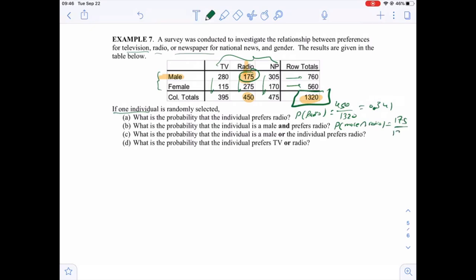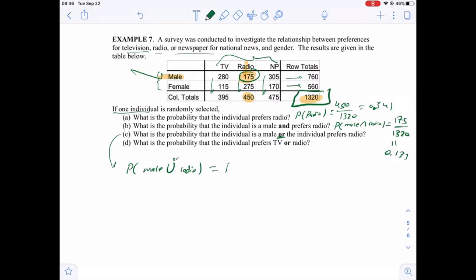We have 175 out of the total number, 1320, and that is 0.133 using calculator. For part C, what's the probability that the individual is a male, still have male, or prefers radio, so probability of male or radio. I wrote and union, it should be union.